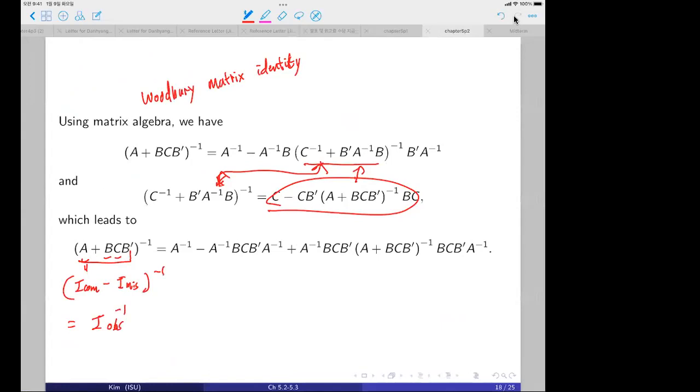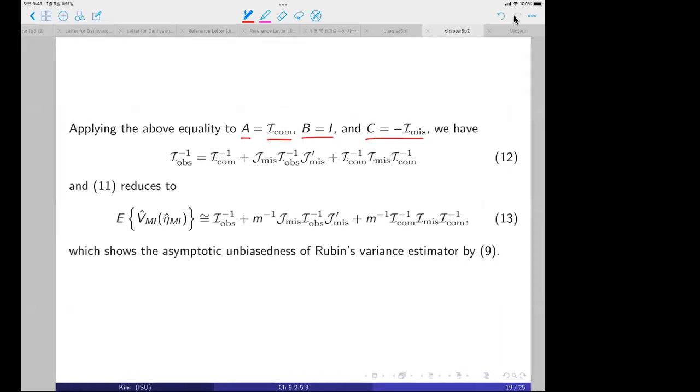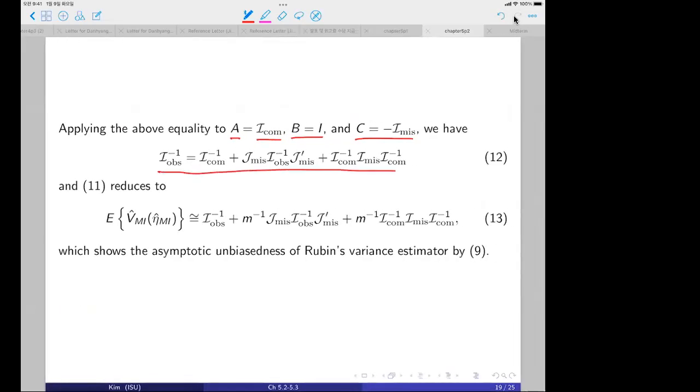Okay. So basically we want to express this inverse of I, expand. And then this one is what? I inverse, right? And so to all this, then you end up getting this one. So I_obs inverse is I inverse plus the sum of two terms.